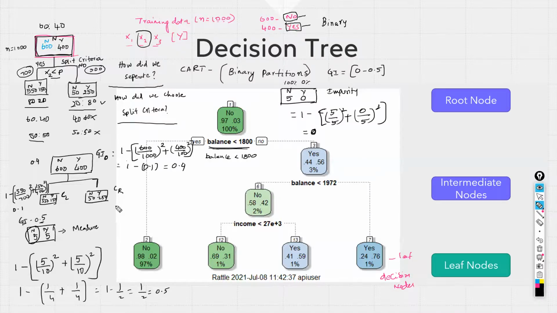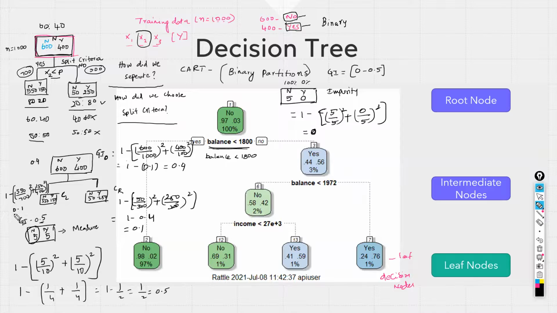And on the right-hand side, it would be 1 minus (50 by 300 whole square plus 250 by 300 whole square). So this is again going to be somewhat like 0.1.